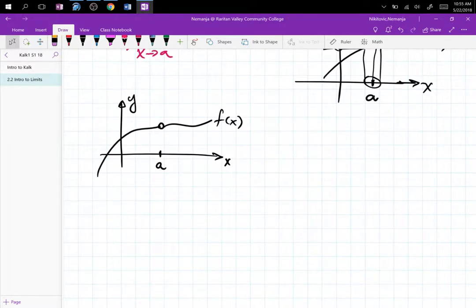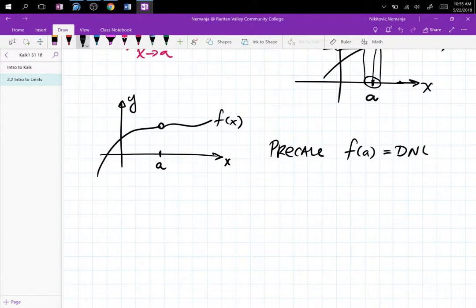But the problem is that the function is not defined at value A. So function is not defined at value A, and if you try to compute this using pre-calculus, you would say that f of A does not exist because you can't compute, right?